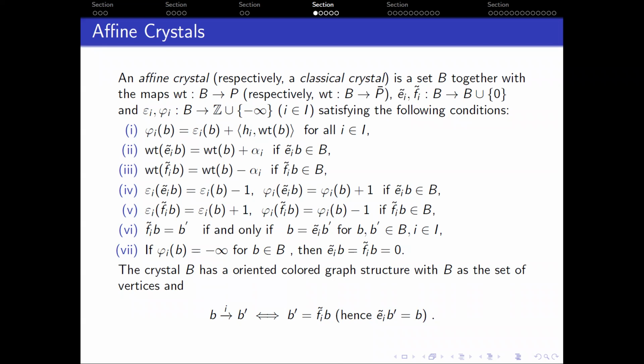So these are kind of modified Chevalley generators. And indeed, this crystal B has an oriented colored graph structure where we take these elements in B as the set of vertices, and we draw an i-arrow from b to b prime if f_i tilde b is equal to b prime.